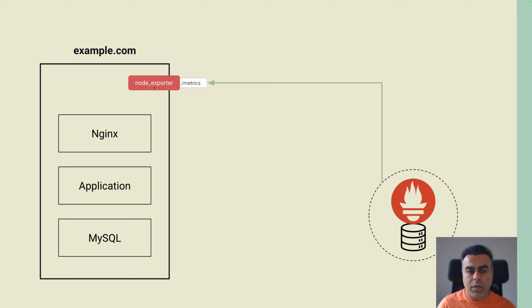One is called Node Exporter. I can simply install this application on my virtual private server, and upon installing it, it will create an endpoint like /metrics. So upon sending an HTTP request to example.com/metrics, some metrics will be collected and printed as a response like this one.